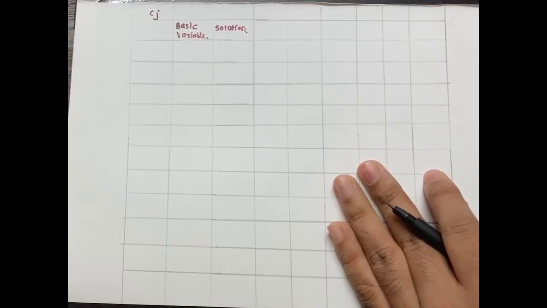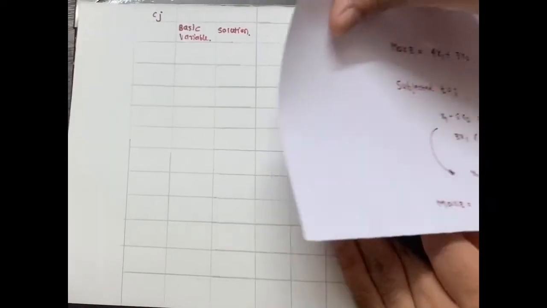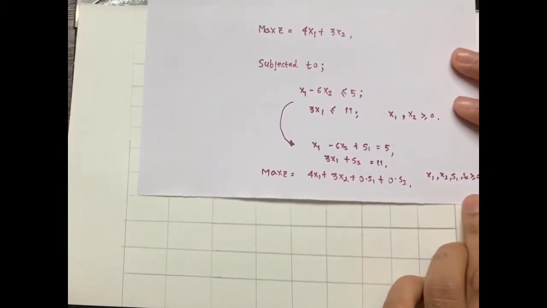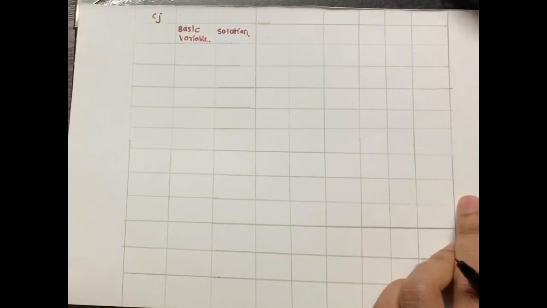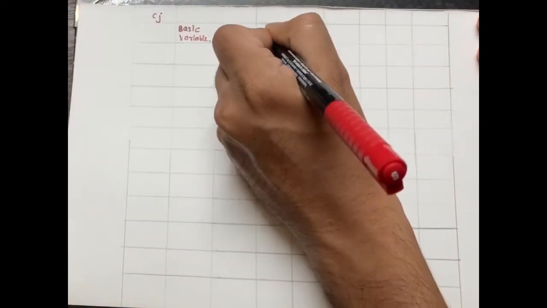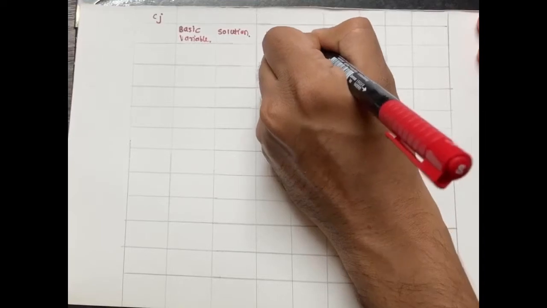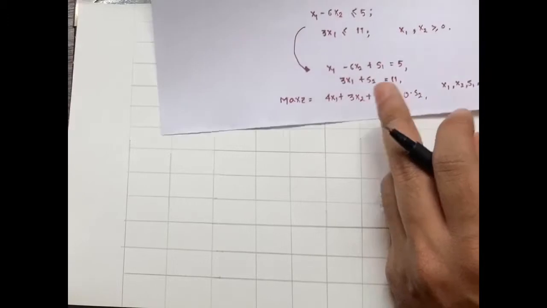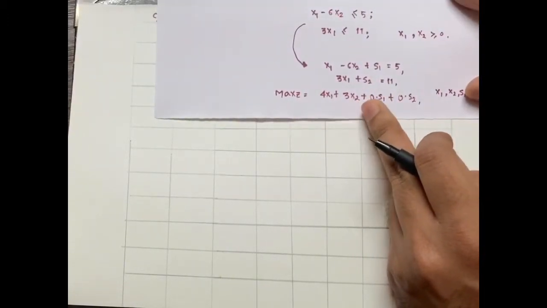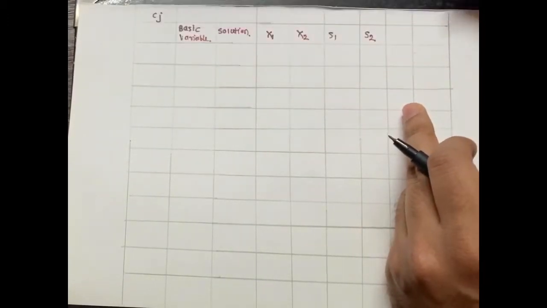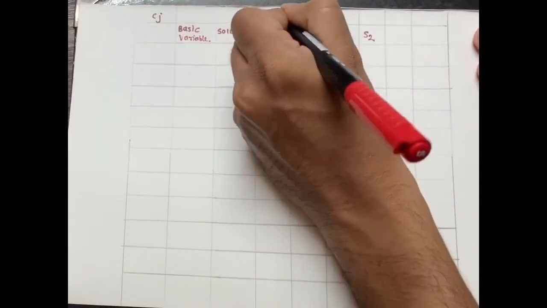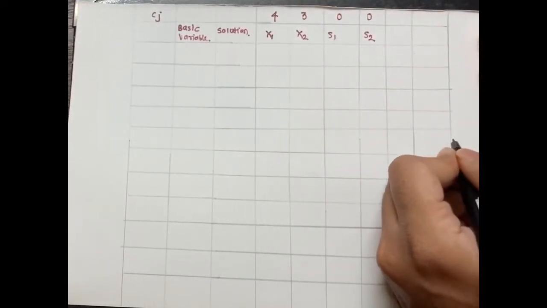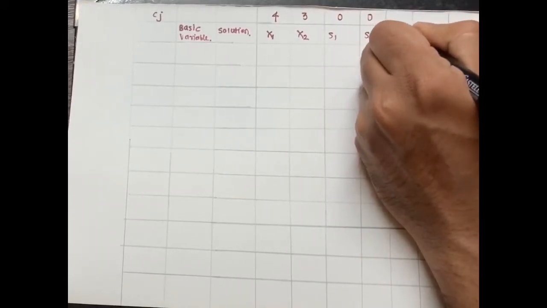Looking at the problem statement again, I have 4 variables: x1, x2, s1, s2. Their values in the objective function are 4, 3, 0, 0, and here I have my replacement ratio.